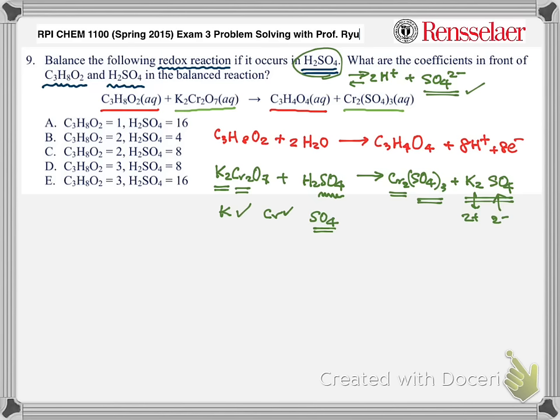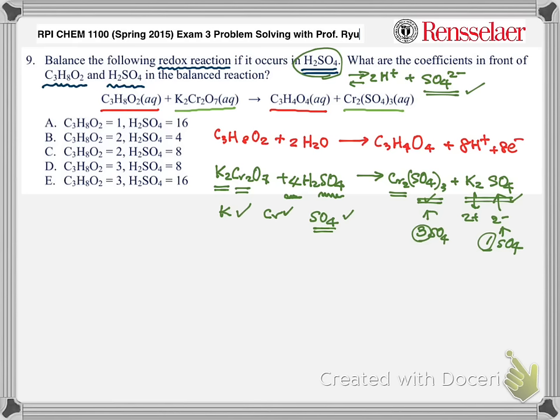So by doing it, I have 3 SO4 and 1 more extra. So I can say I need 4 H2SO4, because there are 3 SO4 and there is 1 SO4. Making up this, I ended up getting 4.